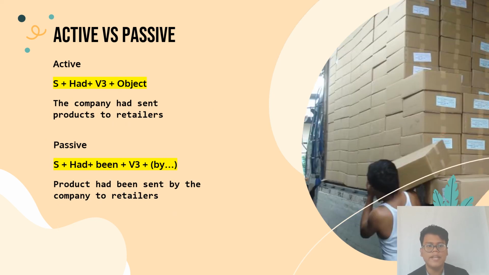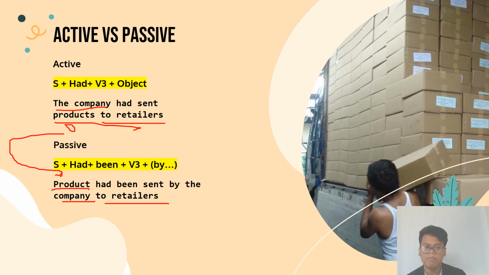Now, the next example: the company had sent product to retailers. The company becomes the object in passive voice, to retailers goes to the back, and the object, product, in the active becomes the subject at the front of the passive sentence. Don't forget had and been.